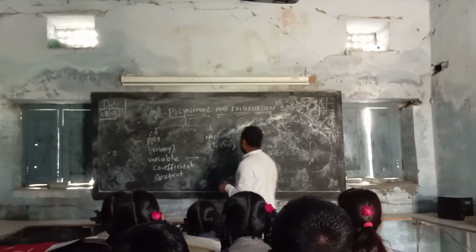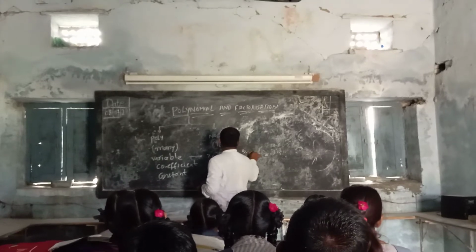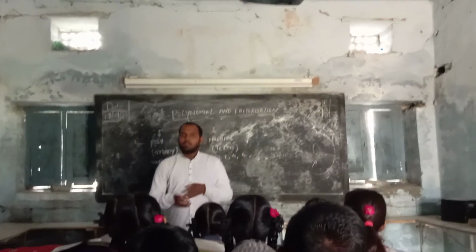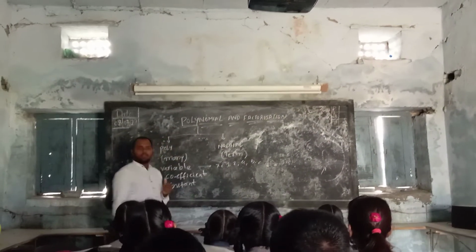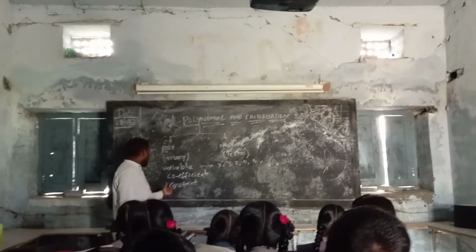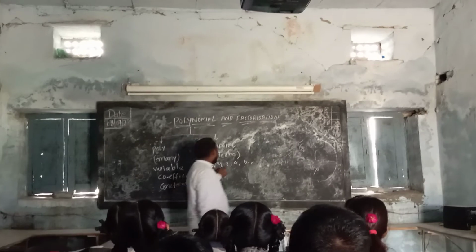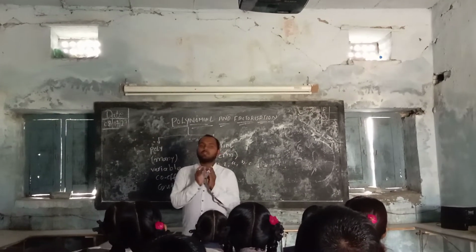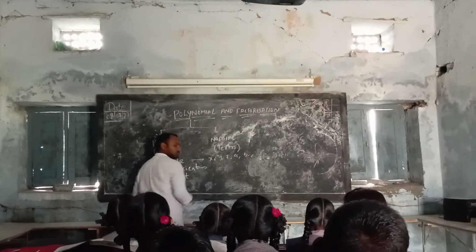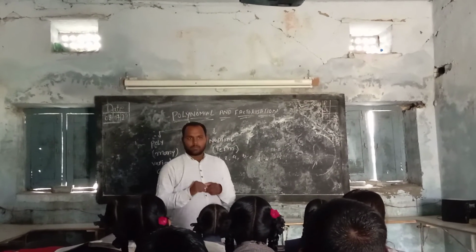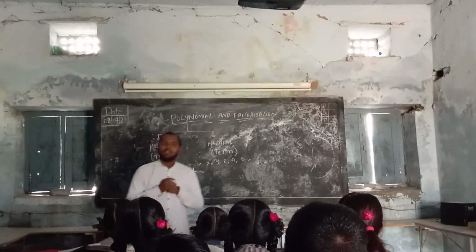It may be x, y, z, a, b, c, anything. Next, we will talk about coefficients, and then constant terms. In variables we are taking x, y, z, a, b like that. In coefficients we are taking numerical values. And a constant is also nothing but a number.